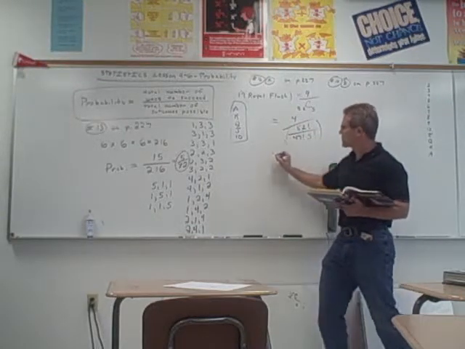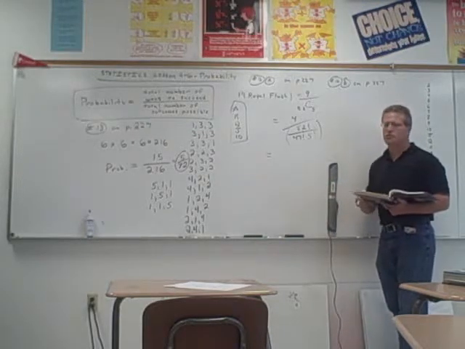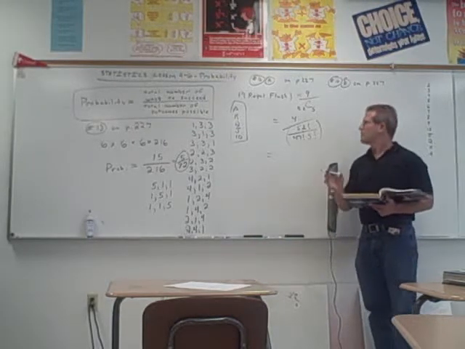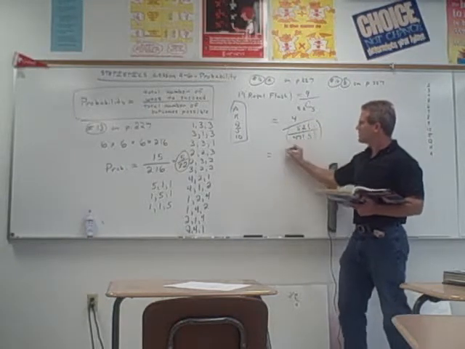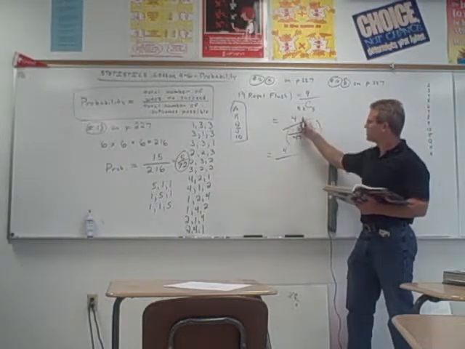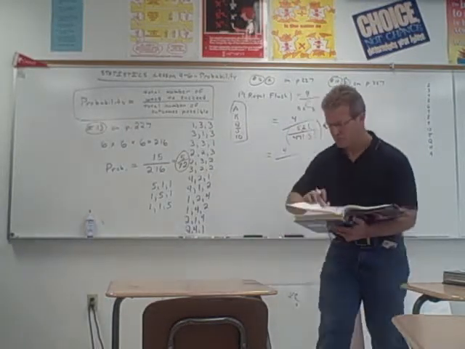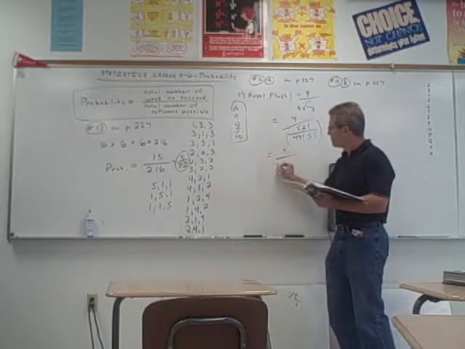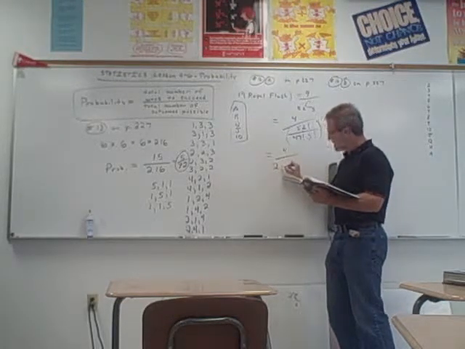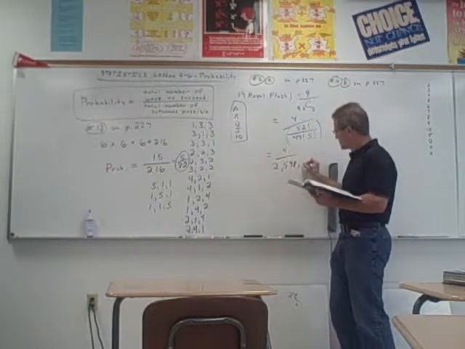And you can type that into your calculator. If you push the math button, go over to the probability menu, the 4th choice is your factorial button. If you take 4 divided by this, the total comes out to 2,598,960.